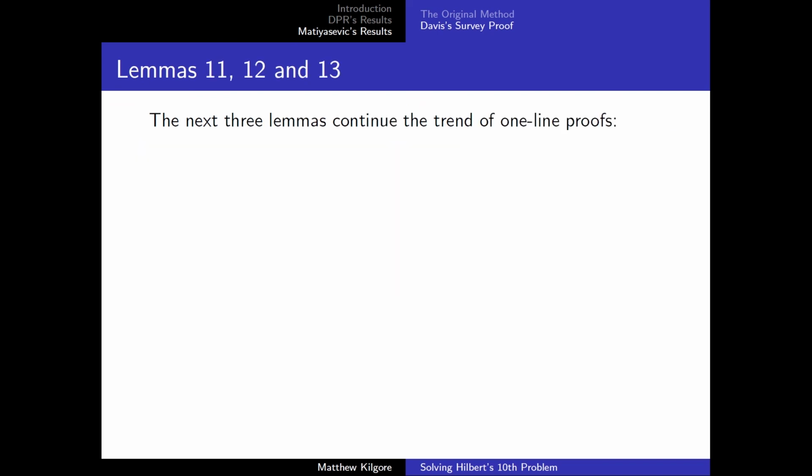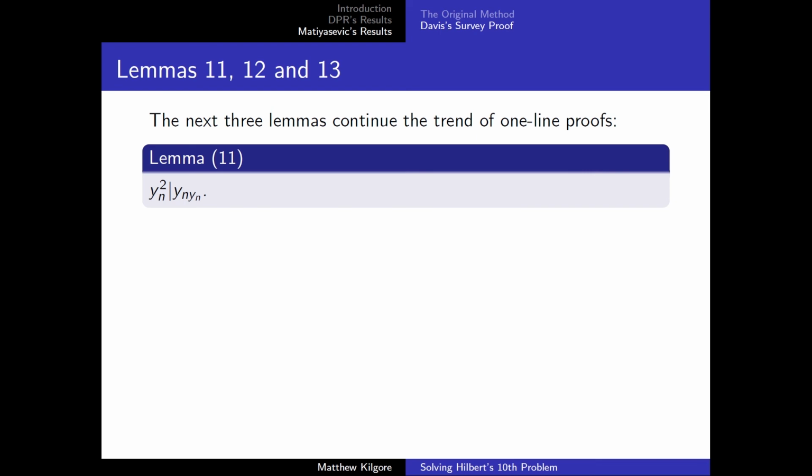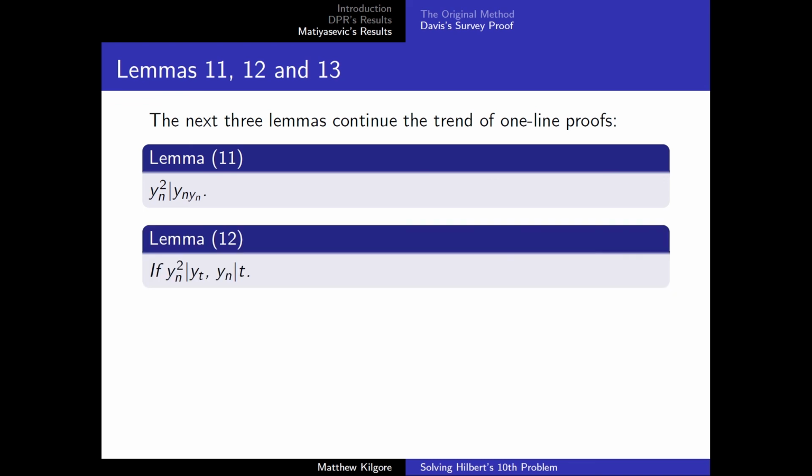The next three lemmas continue to have one-line proofs. Lemma 11 states that y_n squared divides y_(n y_n). Proving this, I believe, is just lemma 9 or 10. Lemma 12 states that if y_n squared divides y_t, then y_n divides t.